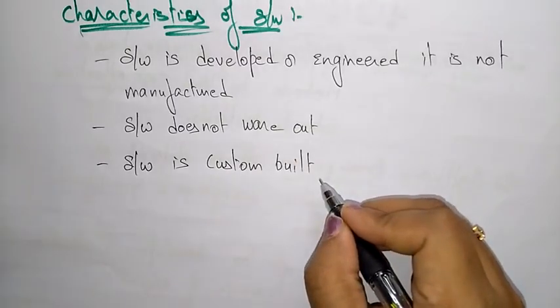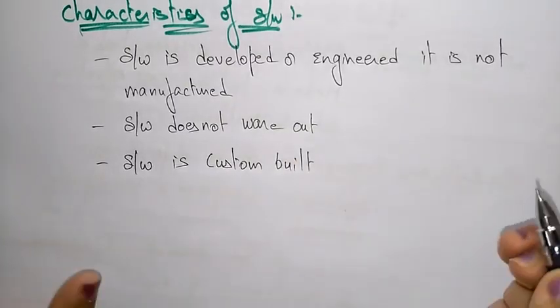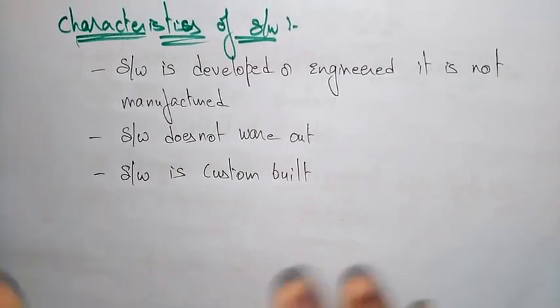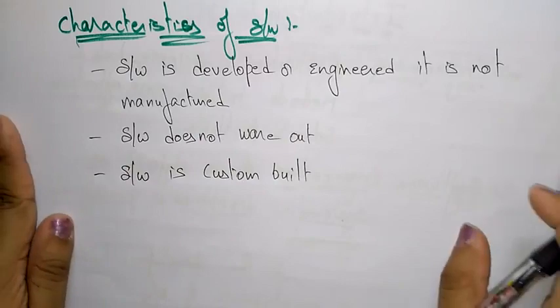Rather than assembling existing components, software is custom built. So these are the characteristics of software. This is the introduction part of software engineering. First you have to know what engineering is, the definition of engineering, and the simple characteristics of software. Thank you.